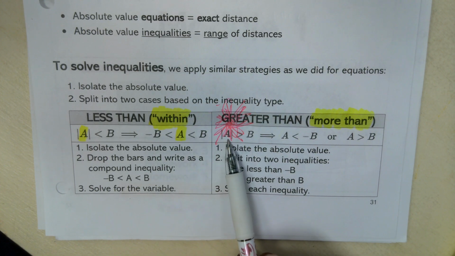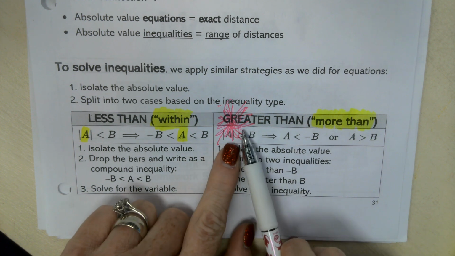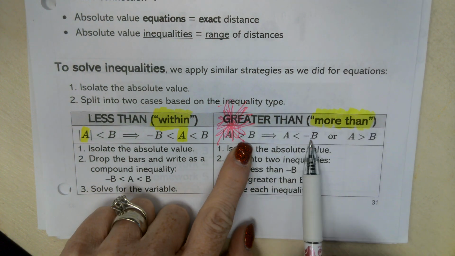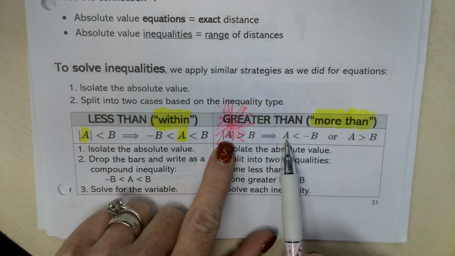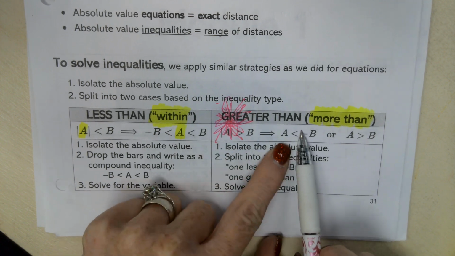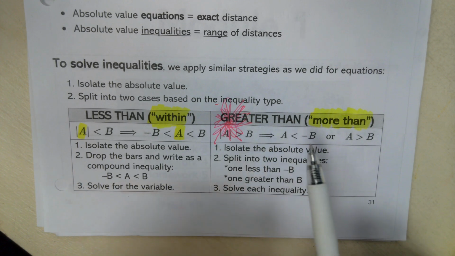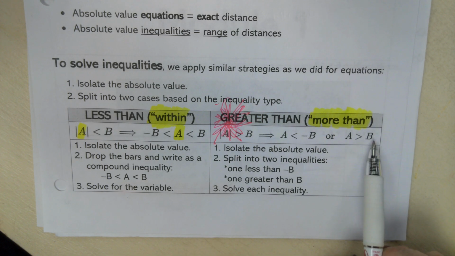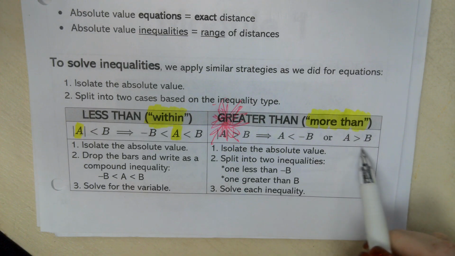If I have the absolute value of A is greater than B, notice I've still got the positive and negative B value, or whatever was on the outside. But I take the argument and I say it's less than the negative one, or the opposite, or it's greater than the upper limit, or what you were given to start with.